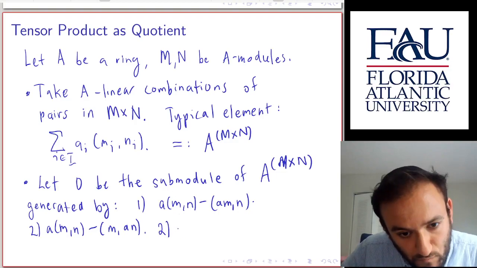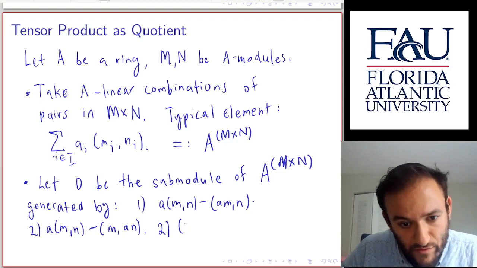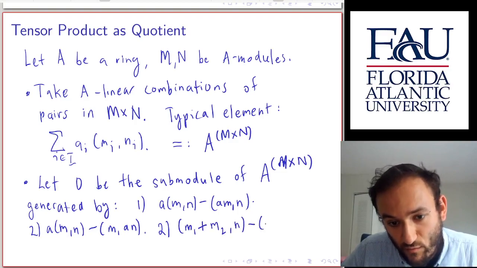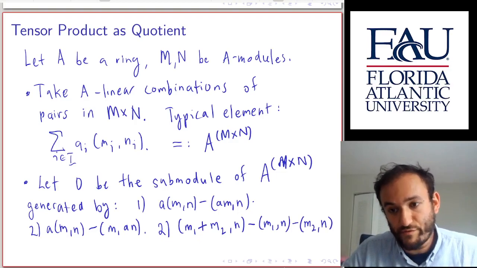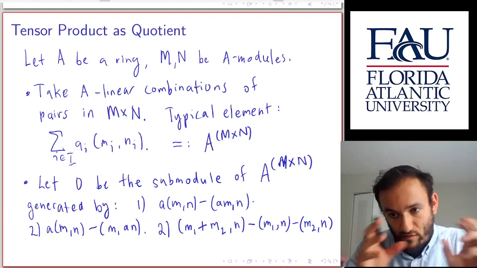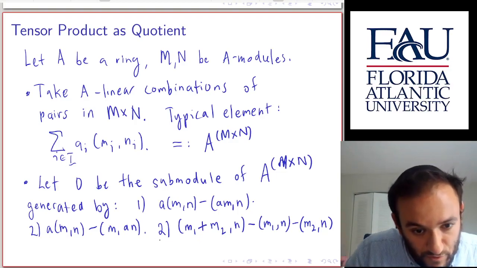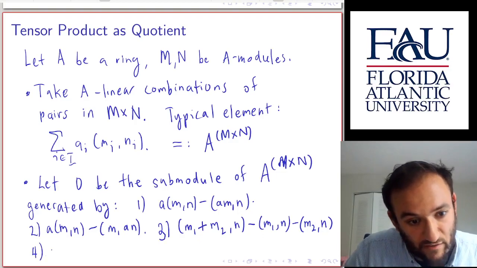Okay. Next, we're going to have linearity in each factor. So we want to have (m1 plus m2, n) equal to the sum of the two pairs separately, (m1, n) plus (m2, n). Okay, so you can add the two pairs, and you can combine them in the first factor. This will be number 3. You can do the same thing in the second factor.